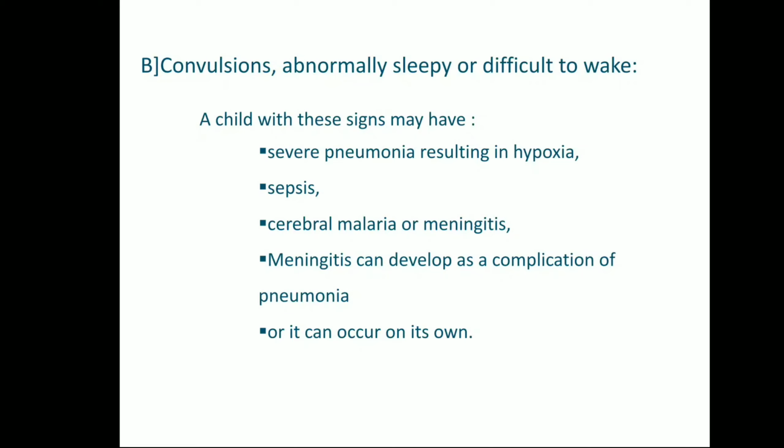And meningitis is one of the complications of pneumonia, or sometimes it can occur on its own. So these signs, convulsions and abnormally sleepy or difficult to wake, will be exhibited when the child has these conditions.